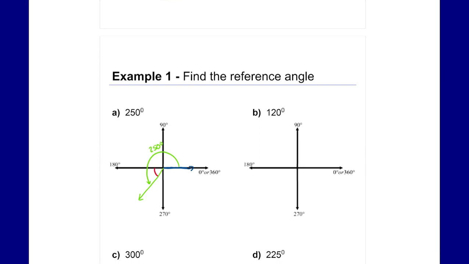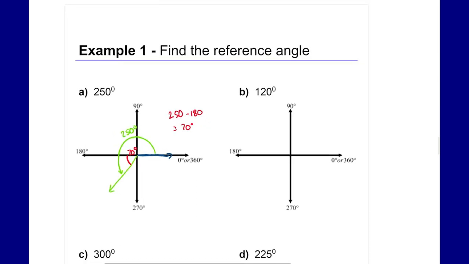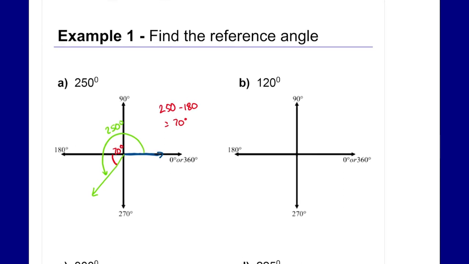To figure out that reference angle, we're going to use 180, and take 250 minus 180 degrees, and that gives us 70. So the reference angle we're going to use is 70 degrees. That reference angle of 70 degrees is what we're going to use to help us come up with the ratios, so to speak.